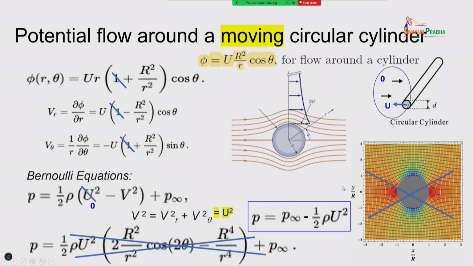Now what are F_x and F_y? This pressure is not a function of theta and r, so it looks like a constant pressure. With constant pressure, it doesn't matter how large the pressure is, the lift force and drag force will be 0 again.